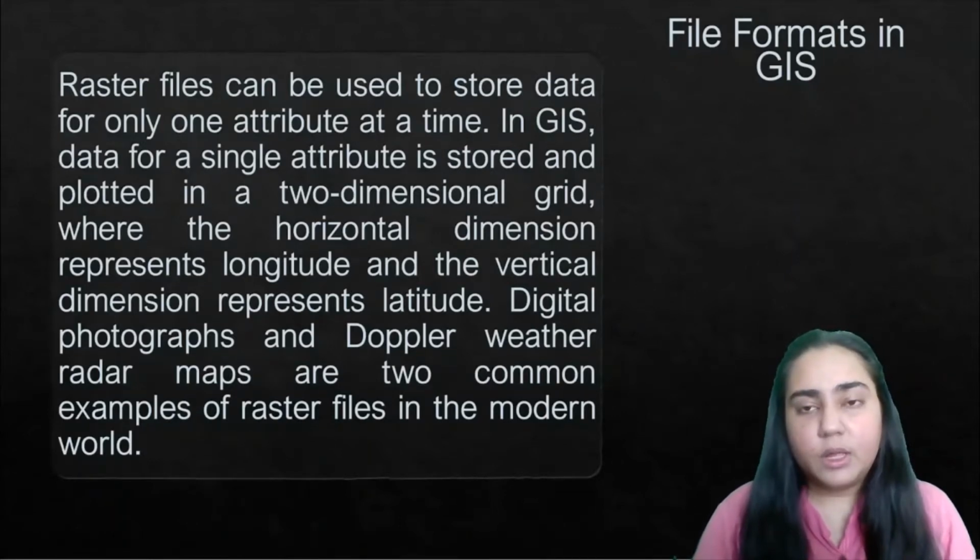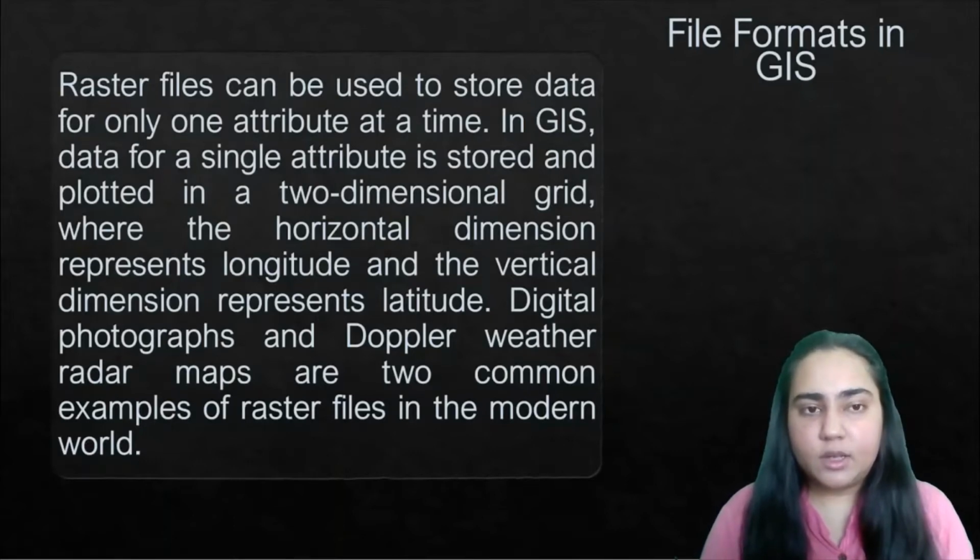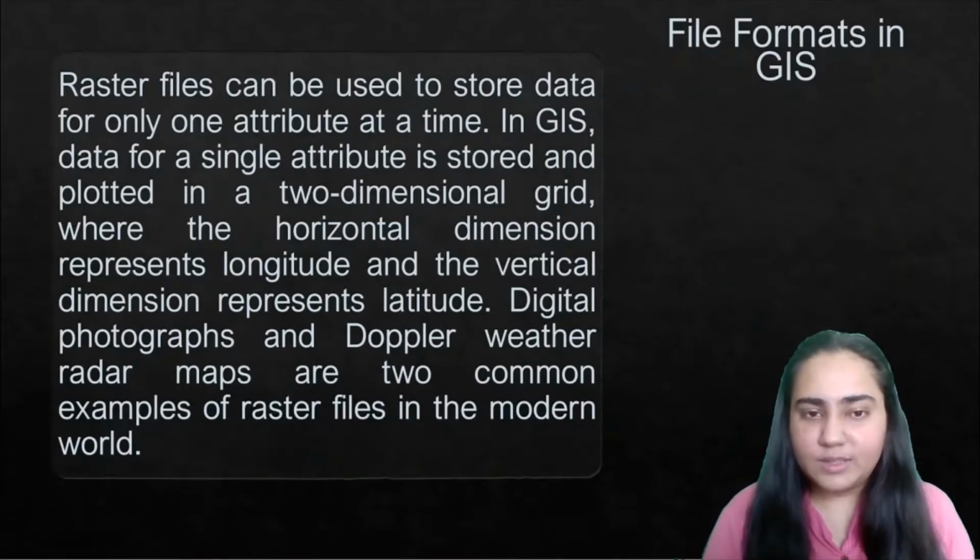For example, if the attribute you're dealing with is location, which means you have latitudes and longitudes, then in the GIS data there will be a two-dimensional grid if you're following the raster form. The horizontal axis, your x-axis, would show the longitude, and the vertical dimension, your y-axis, would show the latitude.